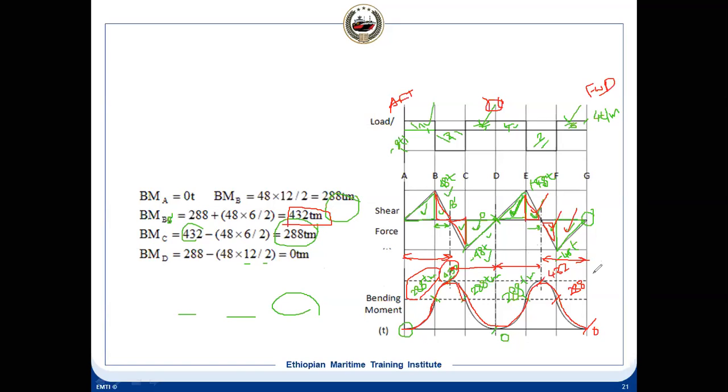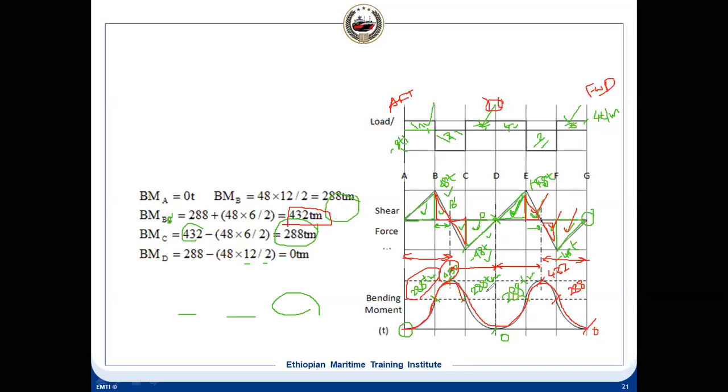Because during the different loading conditions, we need to check that the ship is built with certain loading condition and certain stress level. So the stress level and the bending moment we need to calculate depending on the ship's draft as well as the ship's distribution of mass.